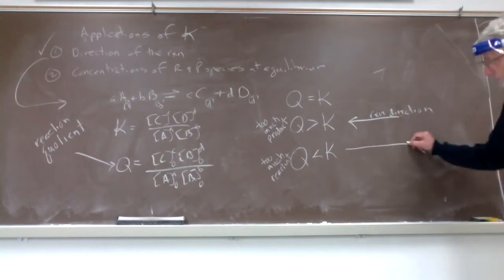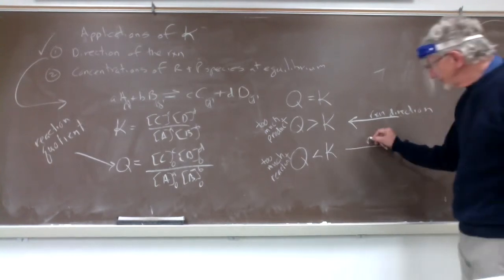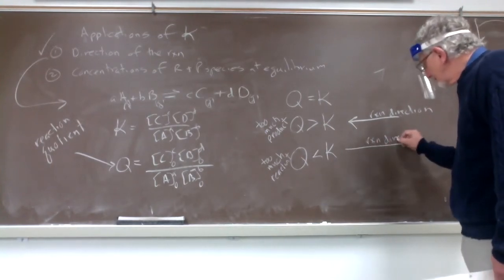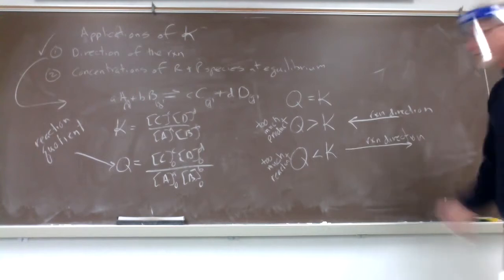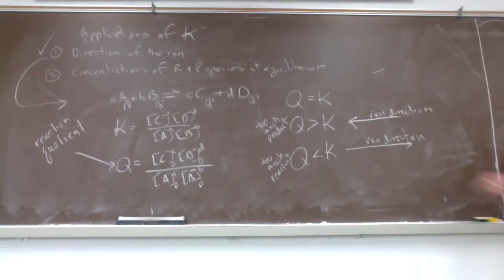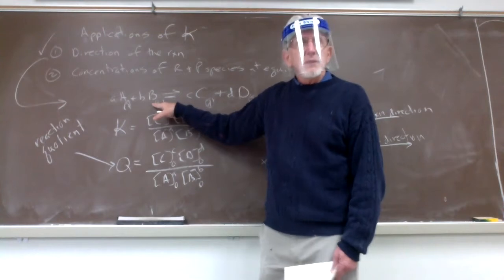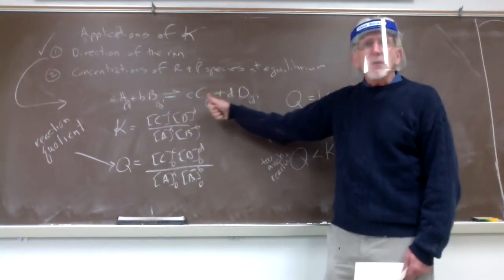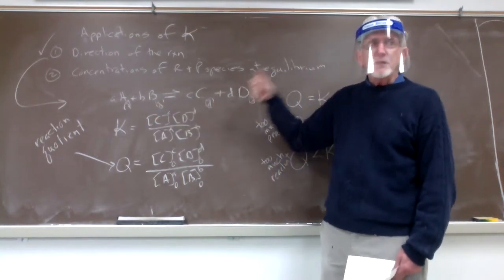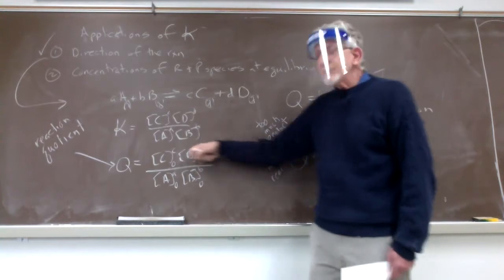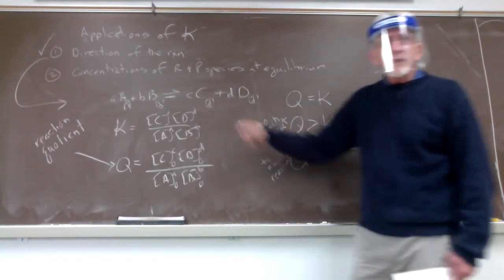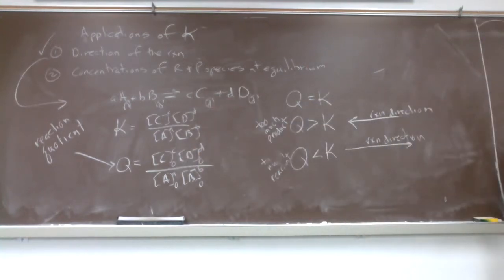It's going to have to go forward. That's going to be the reaction direction. It'll go forward, and what it'll do is consume reactant and produce more product, and it'll keep going that direction until we get a set of concentrations that will give a value that's equal to the equilibrium constant.